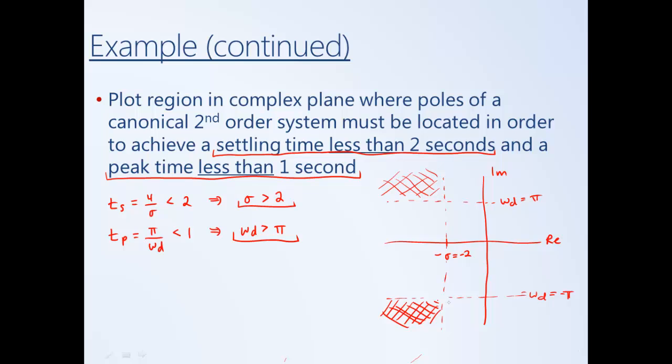So complex conjugates always have the same real part but opposite imaginary part, minus sigma plus or minus j omega d. So these two regions identify where we would place the poles if we had a canonical second order system.